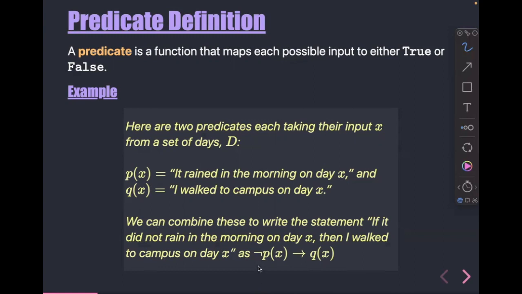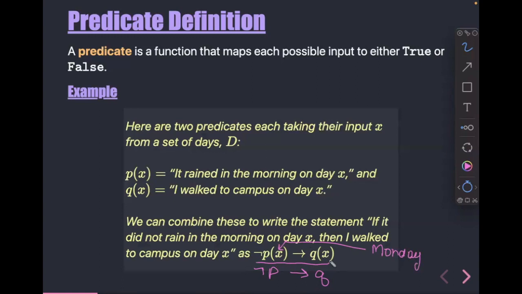And so I can still express what I was expressing before. If you remember, when I was doing my propositional logic, I would express not P, so if it doesn't rain, then I walk to campus, right? And similarly, I can just do that with not P of X implies Q of X. And then instead of X, I could put something like Monday.